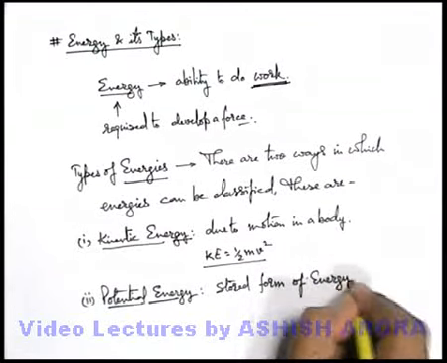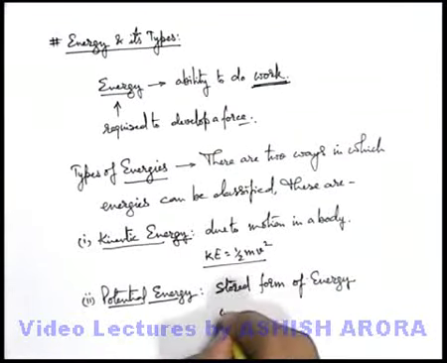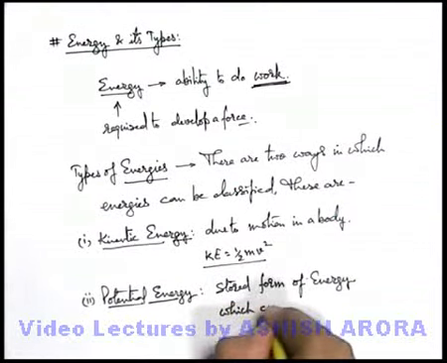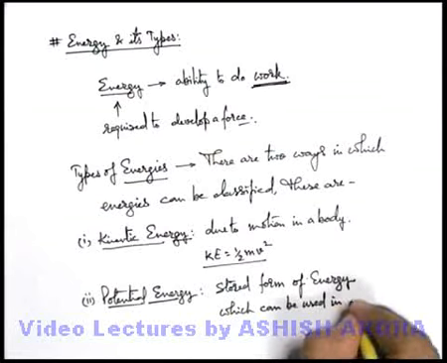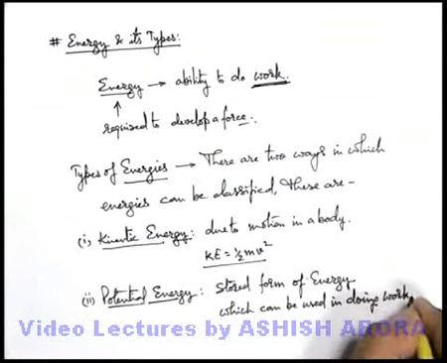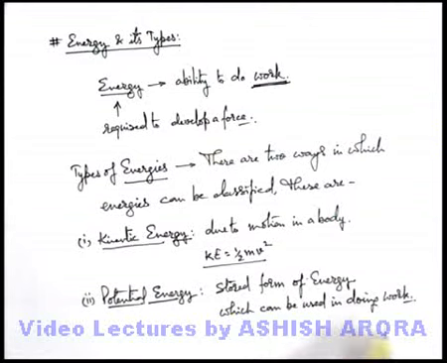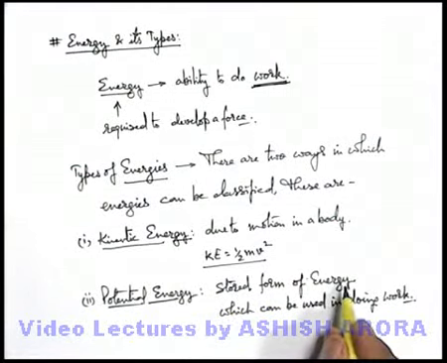Energy which is stored somewhere which can be used in doing work, which produces some force, and when force produces some displacement, work is said to be done. So potential energy, right now you can just keep in mind it as a stored form of energy.